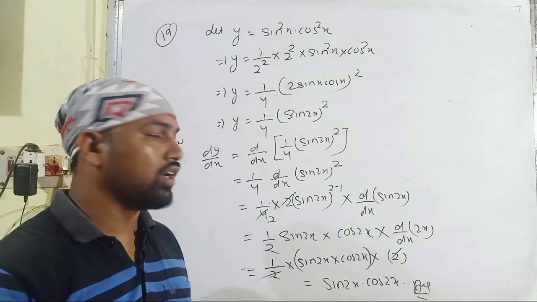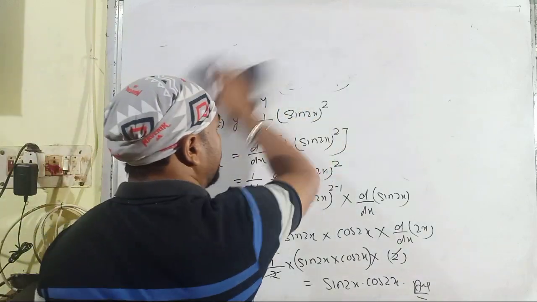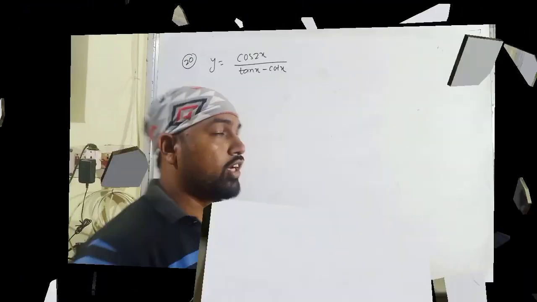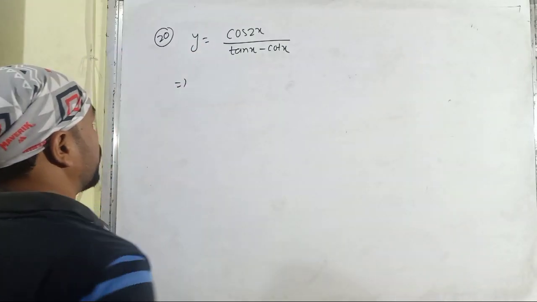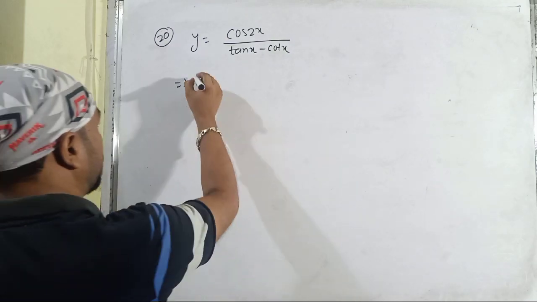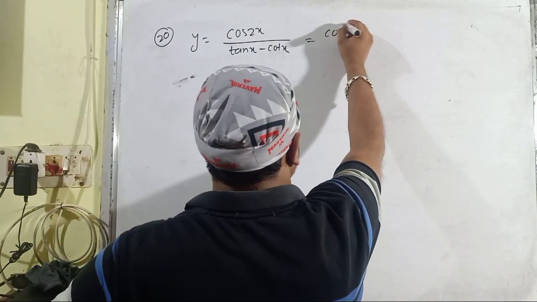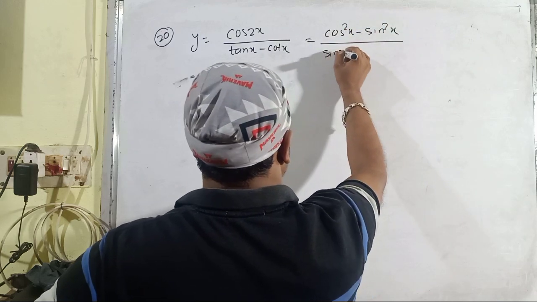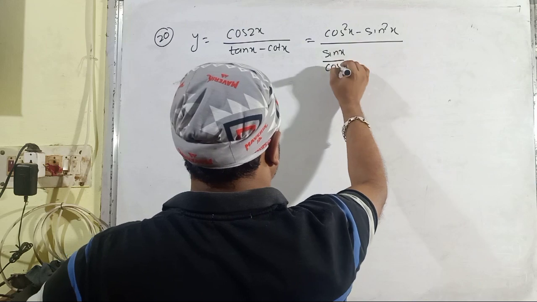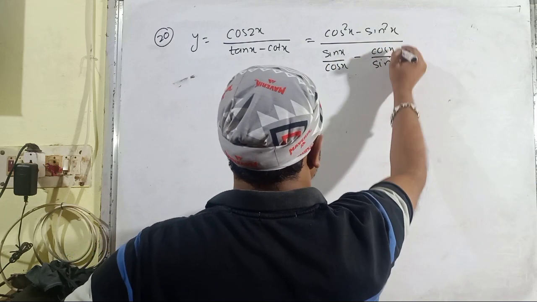Then let us move through the last problem of this current video session. So here it is the last problem of this current video session, that is y is given as cos 2x divided by tan x minus cot x. So we can simplify this, it will be cos square x minus sin square x divided by tan x will be written as sin x upon cos x minus cos x upon sin x for the cot x.